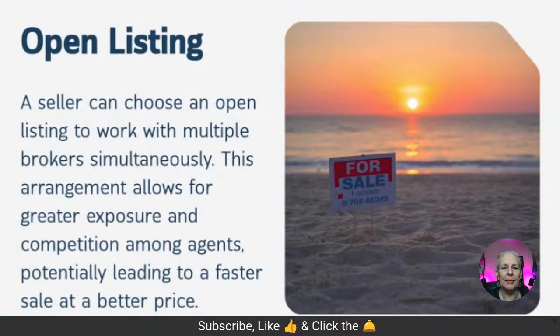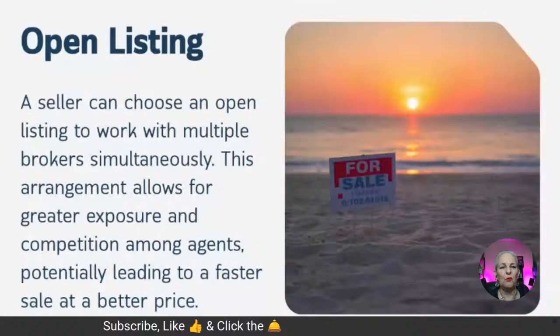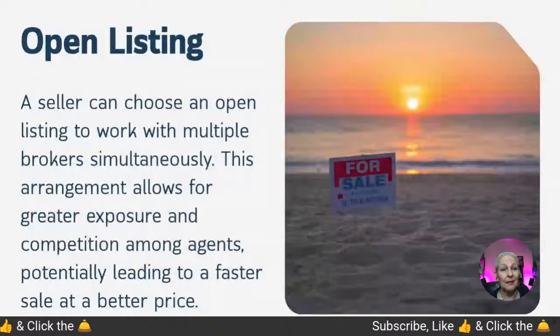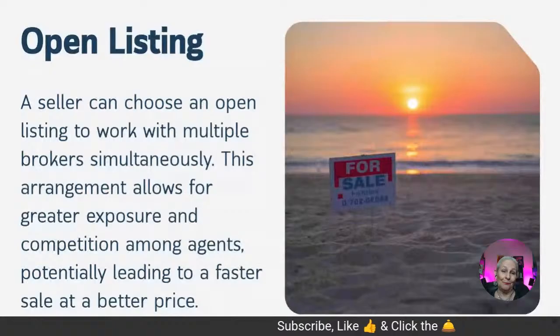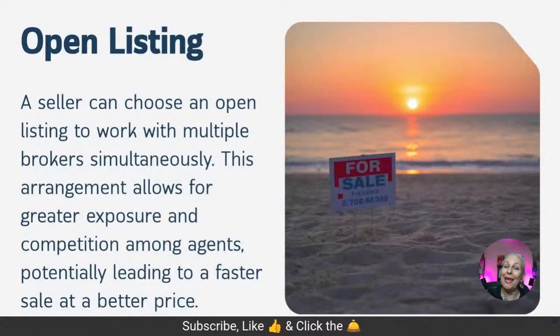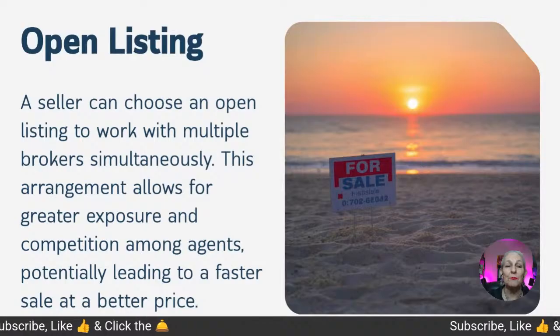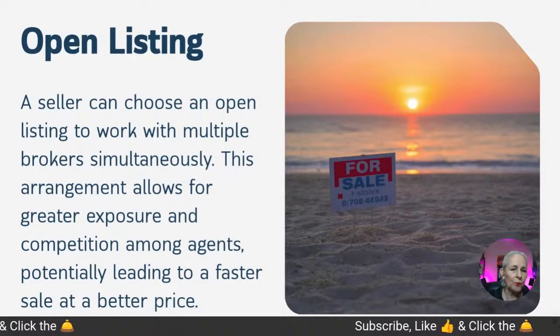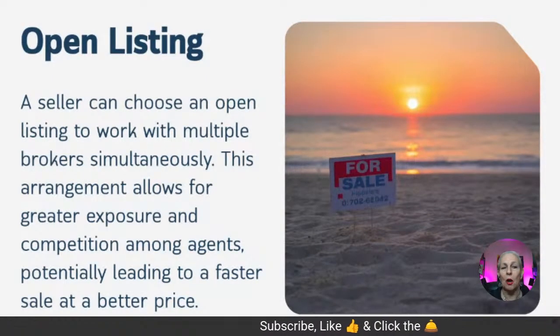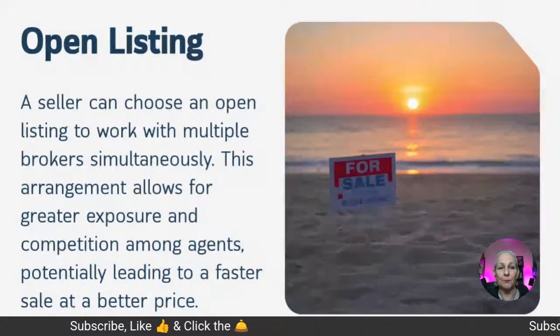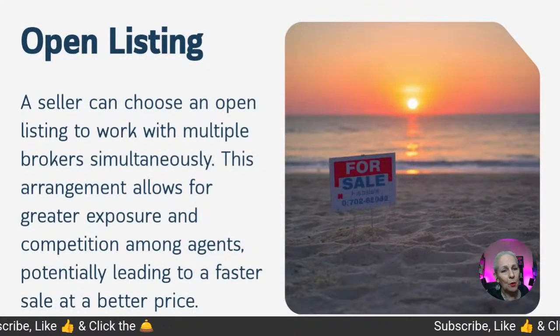An open listing. So would you actually want to take an open listing? Well, no, I wouldn't. You can, but a seller can choose an open listing to work with multiple brokers or realtors simultaneously. Some states realtors are called brokers, like in Oregon, and the broker is called a principal broker, but we're in Texas.